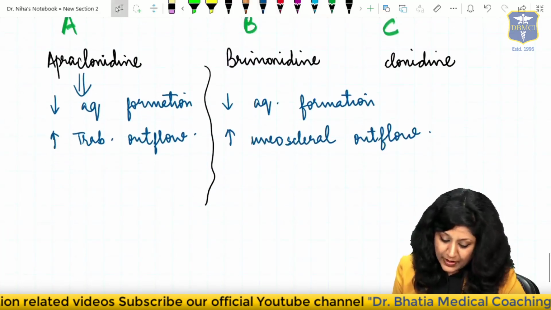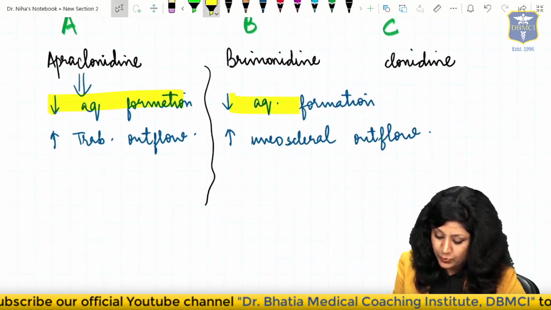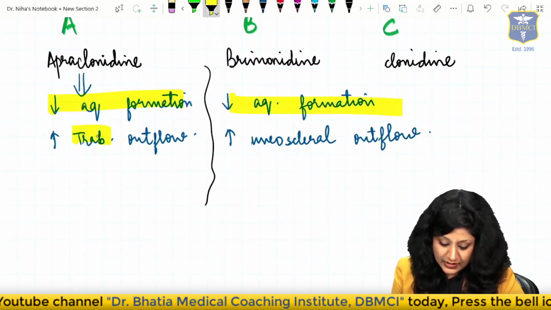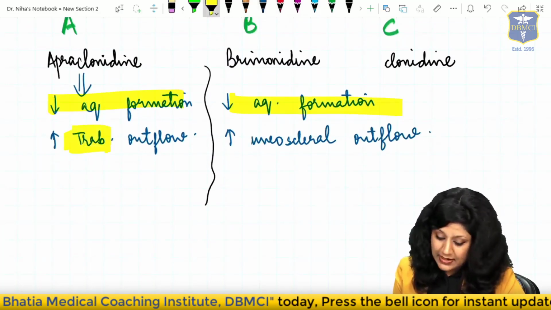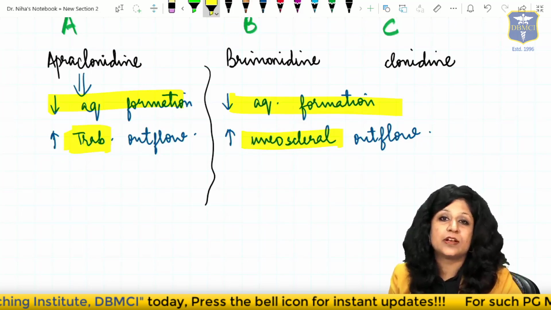So both of them are decreasing the aqueous formation and both of them are increasing the outflow. Apraclonidine is increasing the trabecular outflow, and brimonidine is increasing the uveoscleral outflow.